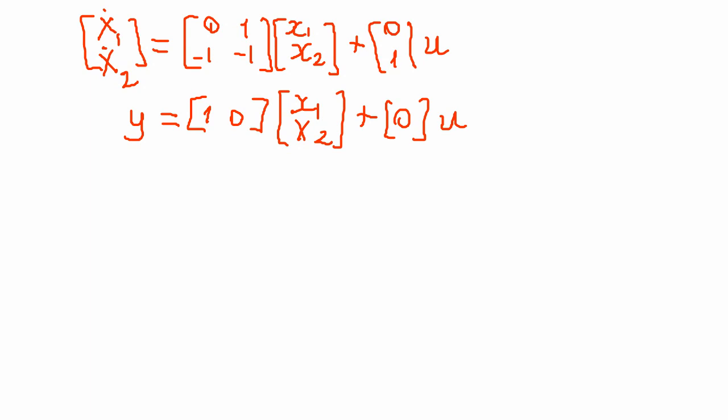So if you write the MATLAB equation now, A is equal to 0 space 1, semicolon, minus 1, space minus 1.